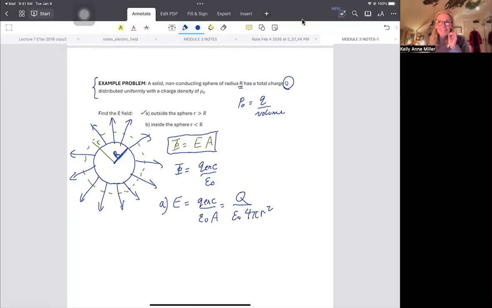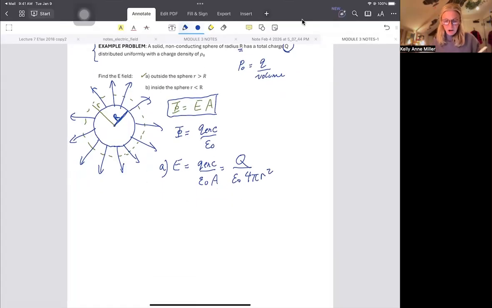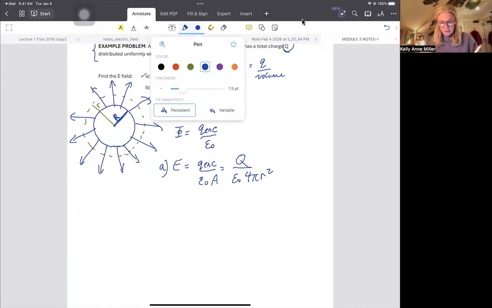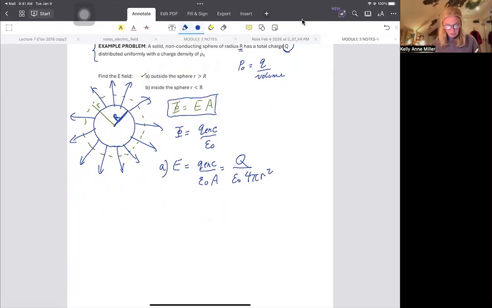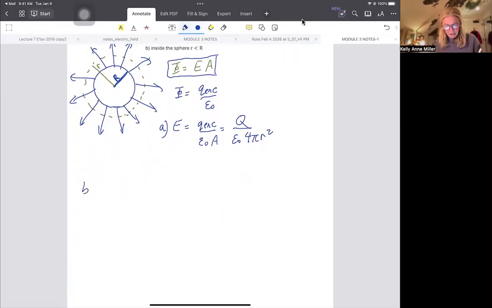Part B is a little bit more complicated, so I'm going to redraw it so the diagram doesn't get confusing. I'll just use the same color. So for part B, I've got my sphere of radius R, and my field lines are out like this.